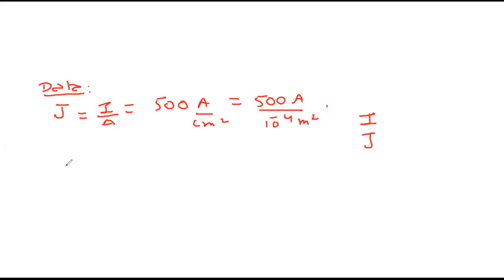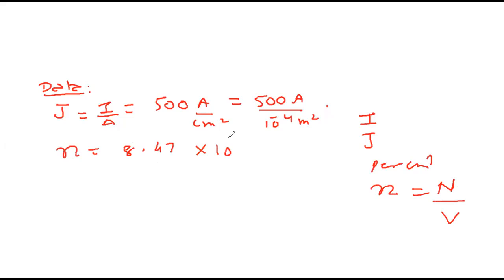Okay. Number of free electrons per unit volume. Per centimeter cube means per unit volume. That is denoted by n, number of electrons per unit volume. So small n is 8.47 into 10 raised to 22 electrons per centimeter cube.